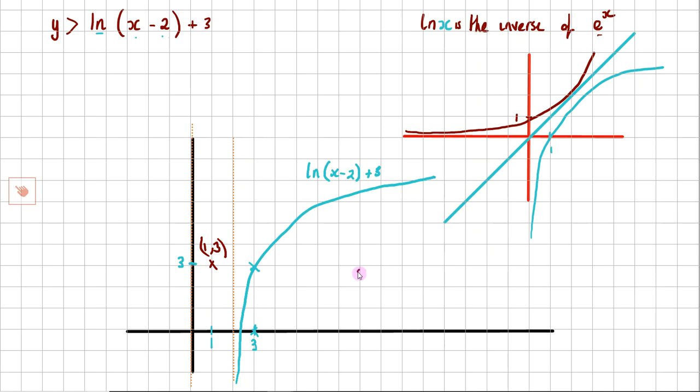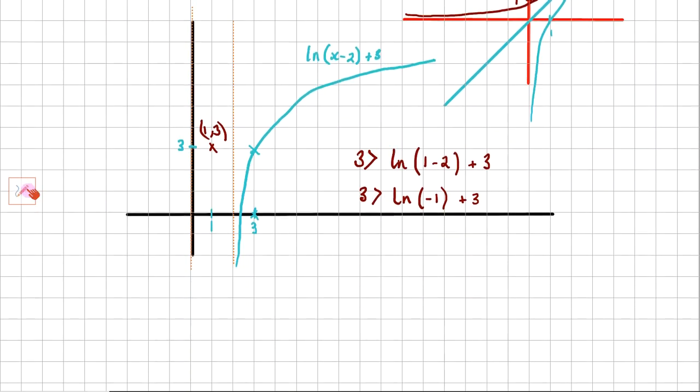So we need 3 to be less than the natural logarithm of 1 subtract 2, plus 3. Let's do that on our calculator. What's the natural logarithm of -1? Well, actually, we could probably even do it without our calculator.